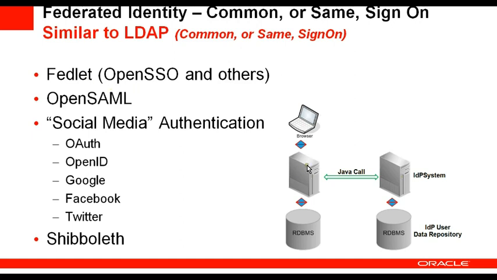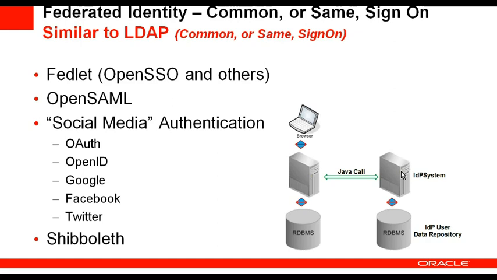Say in this case, say PeopleSoft, and when PeopleSoft intercepts that user ID and password coming from the browser user, instead of going against the native authentication in PeopleSoft, it makes a call out to the identity provider with those federated identity credentials. So again, this would typically be, say, the email address and a password that's going to be validated by the external system. The Fedlet makes it a direct call.